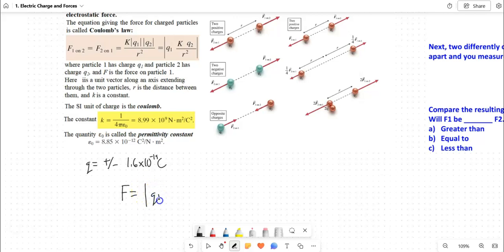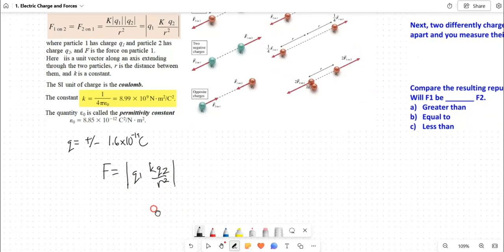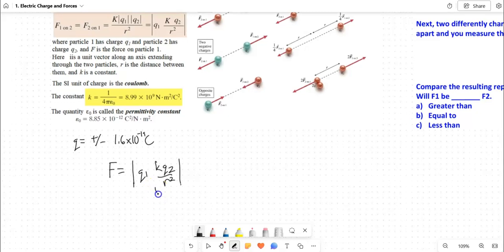We're going to write it as Q1, and then the k Q2 all over r squared. And the reason why I want us to write it like that is this part right here. It's the electric field of the other object acting on our charge.